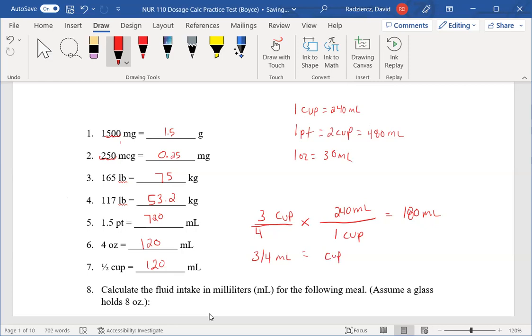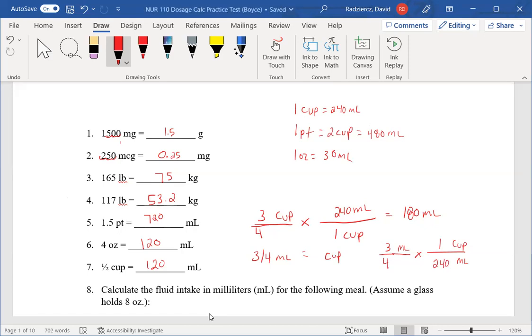I would still set that up basically the same way. Remember, it's 3/4, so the milliliter stays on top, times, and then here I'm going to go from milliliters to cup. 1 cup, 240 milliliters. So you can see this number is going to be really, really small.